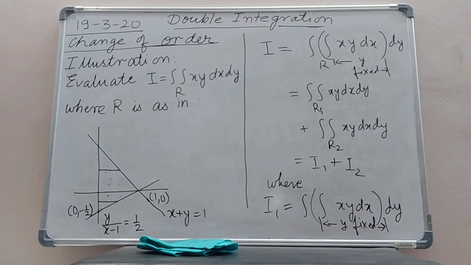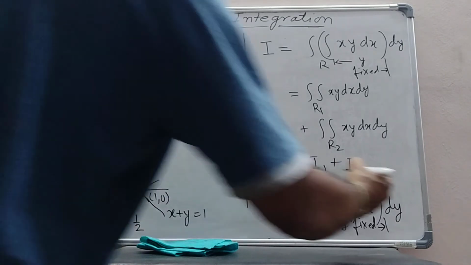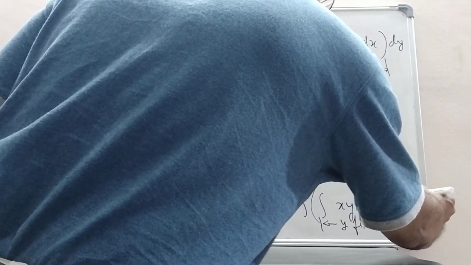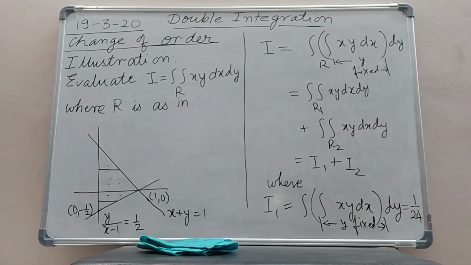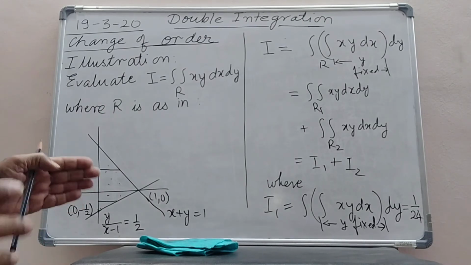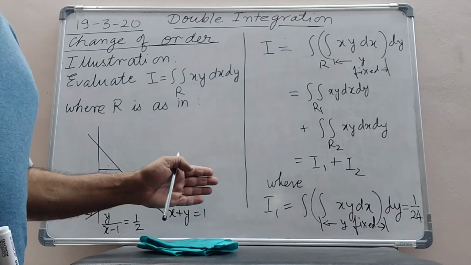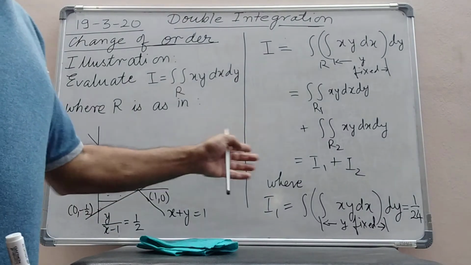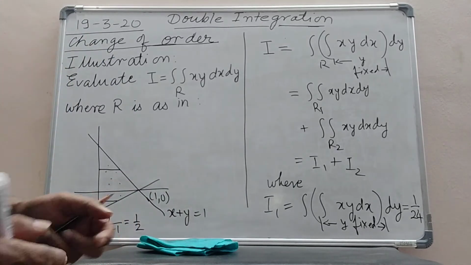Assuming that you have already seen it, I will write down the value. This value had turned out to be 1 over 24. So I have just reduced my task to that of calculating I2. Let me do that.